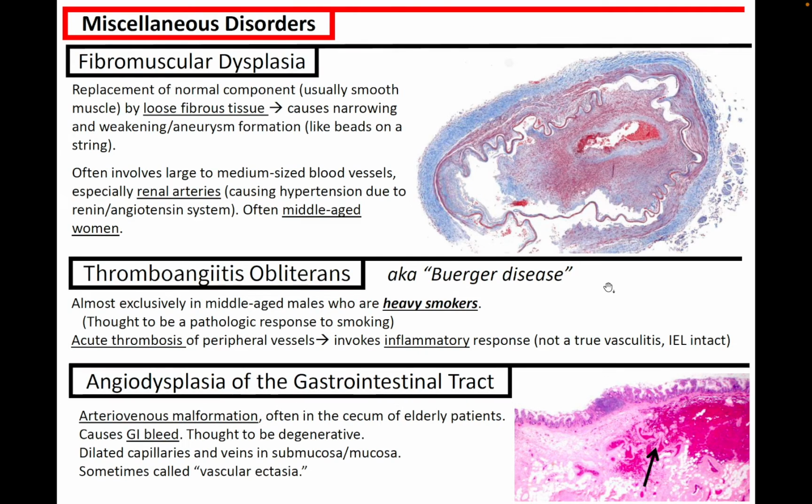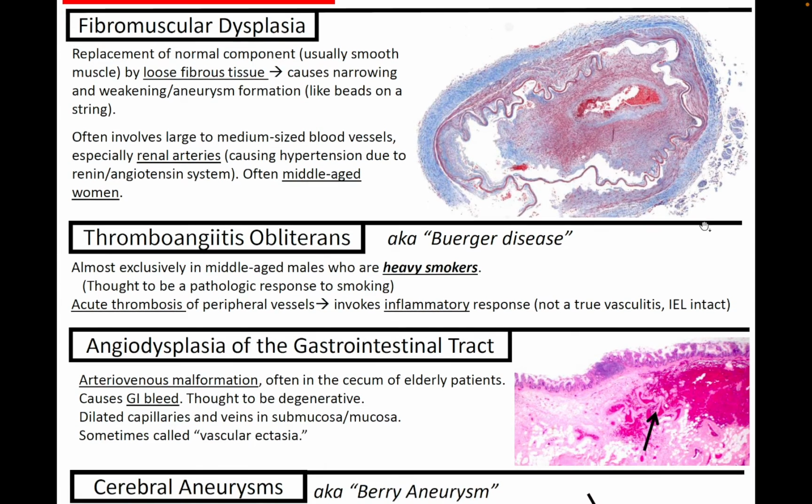So we'll end with just a few miscellaneous disorders, first of which is fibromuscular dysplasia. Fibromuscular dysplasia is replacement of the normal component, usually smooth muscle, by loose fibrous tissue, which causes narrowing and weakening, leading to aneurysm formation, like beads on a string.